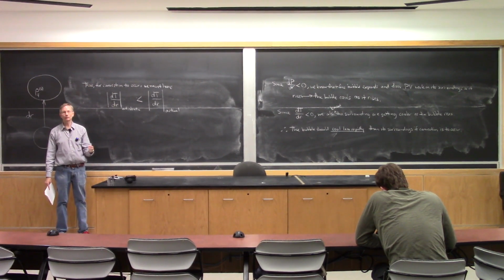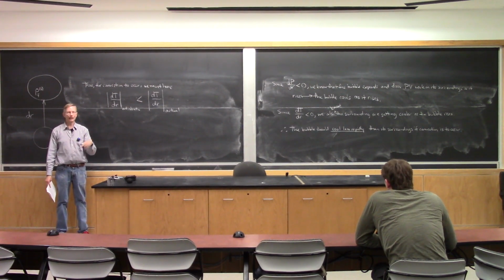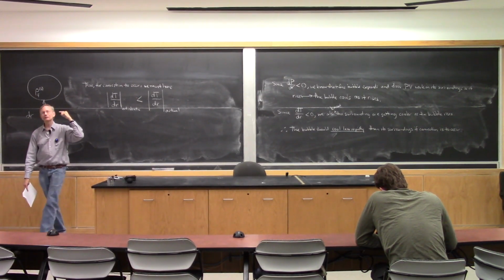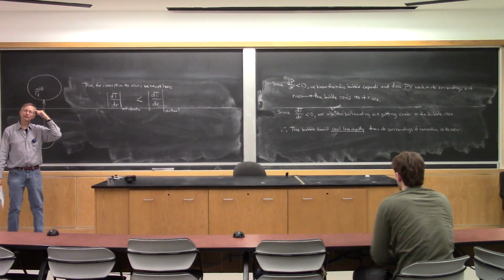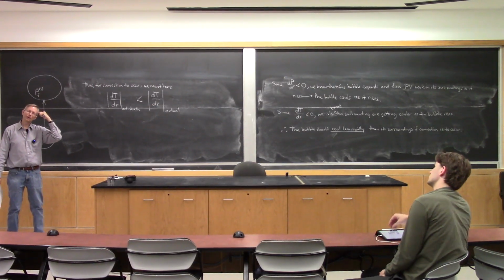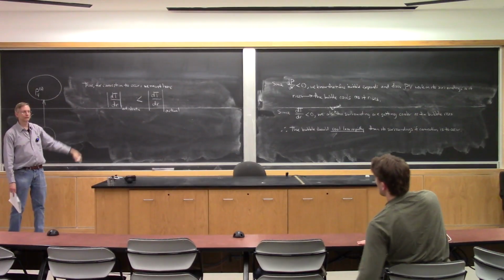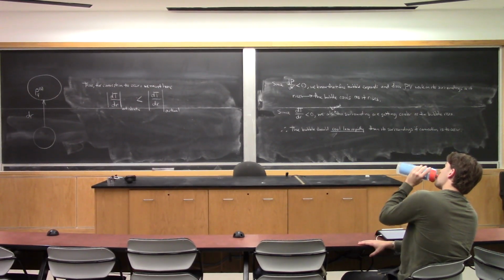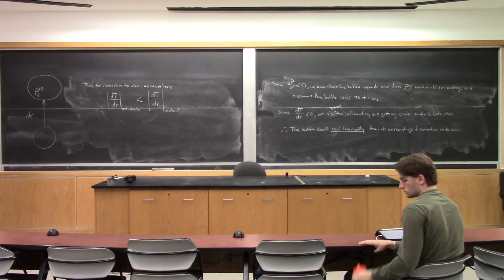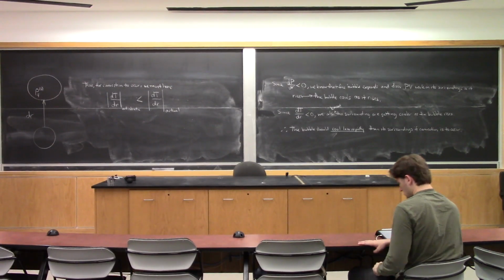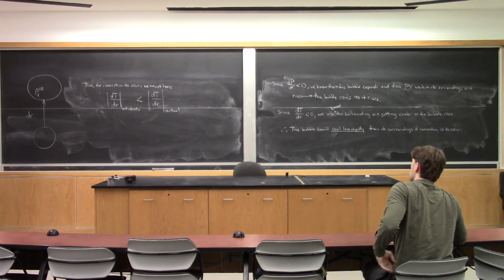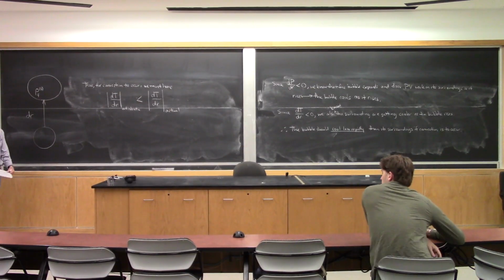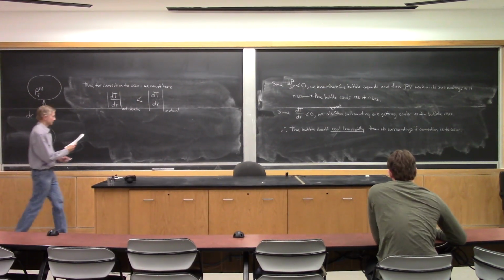If I took off the absolute value, I'd have to change the direction of the inequality, and then it starts to get confusing because a bigger negative number is actually a smaller number. So I just put it in terms of absolute values here. The bubble's adiabatic temperature gradient should be smaller than the surroundings'. The bubble should change its temperature less than the surroundings do for it to be convective.